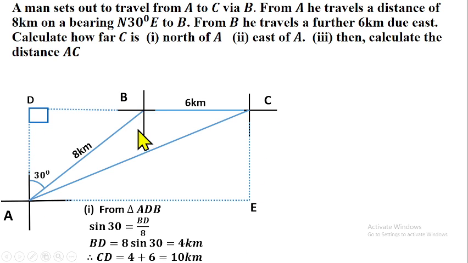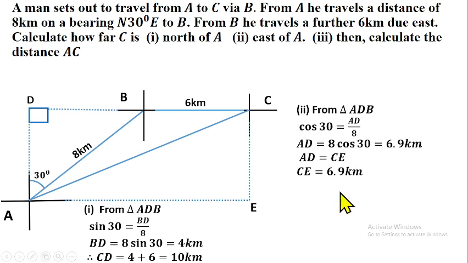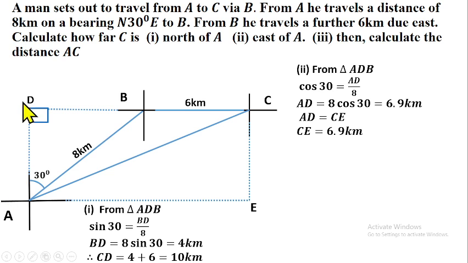So I can use this triangle also to find my AD. From triangle ADB as well, you can use a trigonometric ratio to find this side. You use cos. Cos is adjacent over hypotenuse. So that will be our AD over 8. AD is what we are looking for, so that's what is equal to this CE.